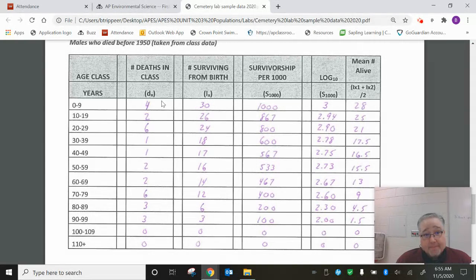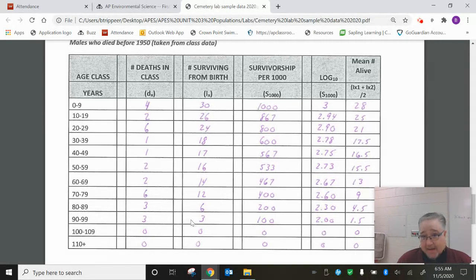We know from this column over here that 4 individuals died between the ages of 0 and 9. So 30 individuals came into that age group, 4 died, which means going into the 10 to 19 age group there are 26 individuals. 2 of them died, so going into the 20 to 29 age group there are 24 individuals.